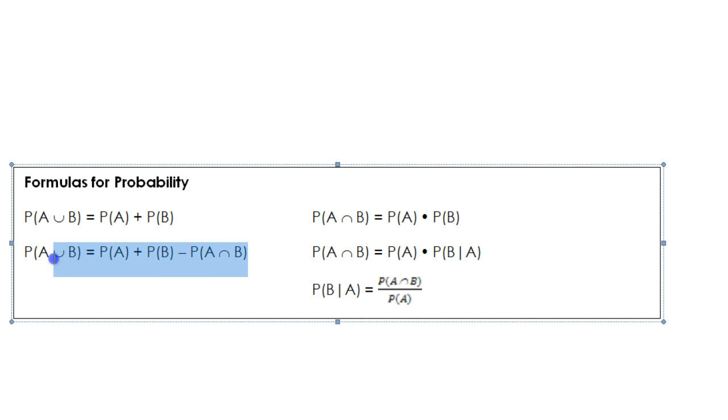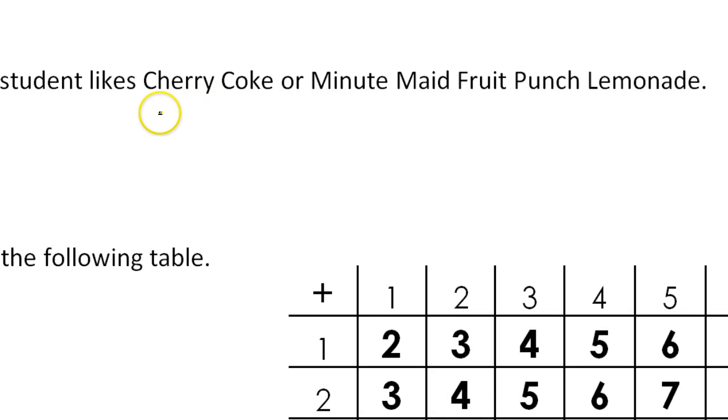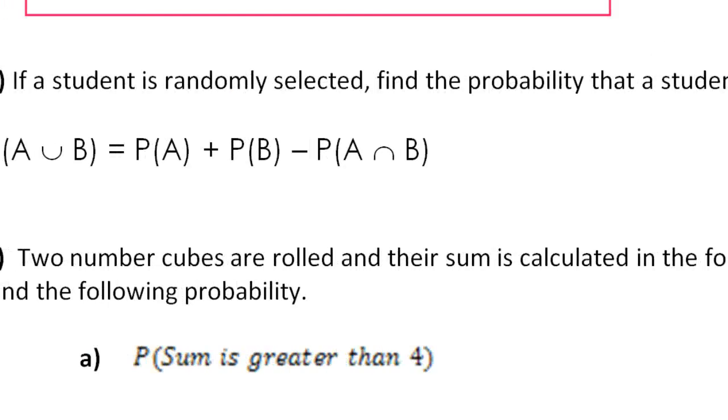Let's see, because it talks about the probability of one event or the other. So let me cut and paste that. We're supposed to be finding the probability that a student likes Cherry Coke, which we'll call event A, or Minute Maid Fruit Punch Lemonade, which we'll call event B. So we're supposed to find the probability of A or B. That's what this formula is for.